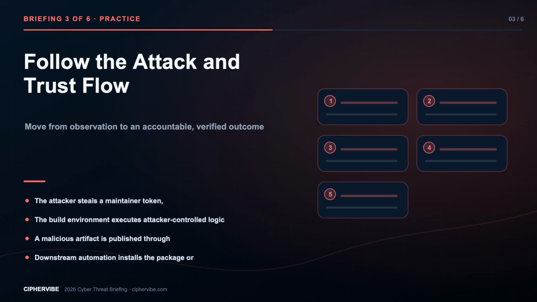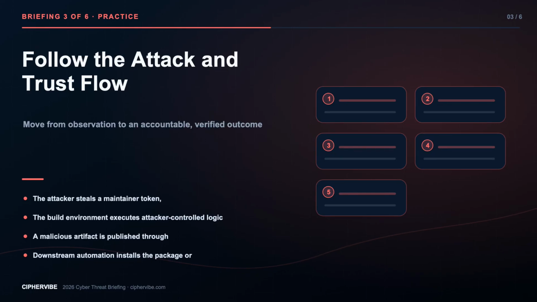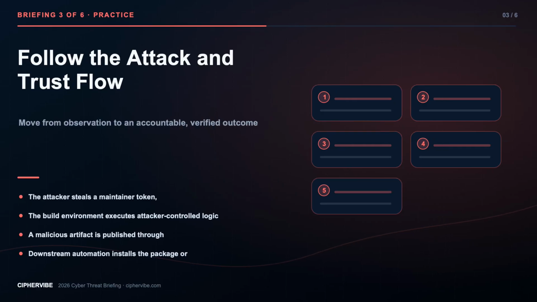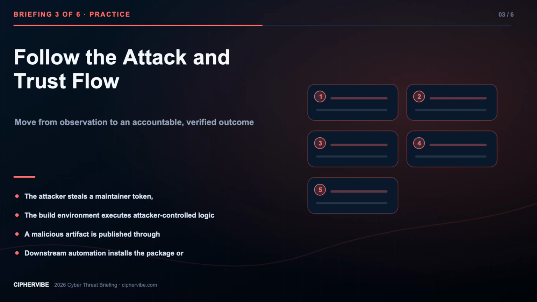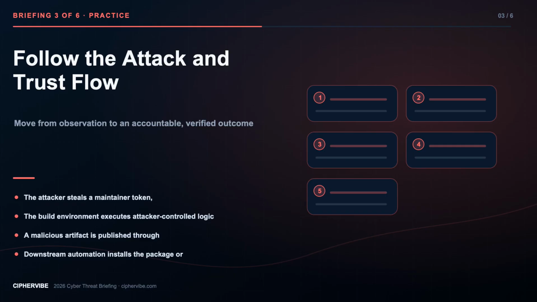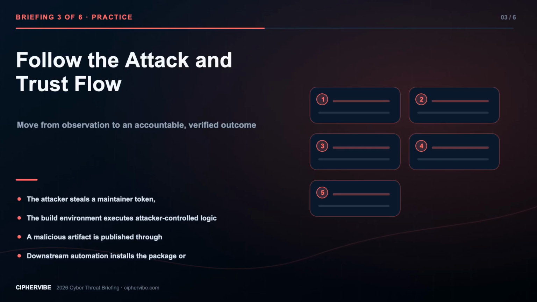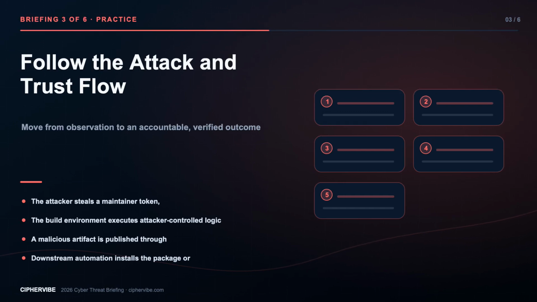Third, a malicious artifact is published through a trusted account or pipeline, sometimes carrying apparently valid provenance generated by the compromised process. Fourth, downstream automation installs the package or action at scale, and post-install scripts or runtime behavior steal additional credentials and propagate. Fifth, responders must trace source commits, workflow definitions, runner images, attestations, registry events, downstream deployments, and every exposed secret.